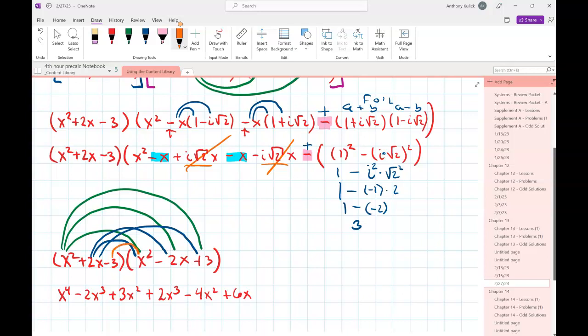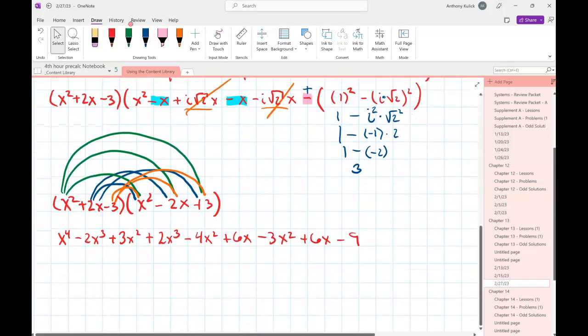Negative 3 times x squared is negative 3x squared. Negative 3 times negative 2x is 6x. And then negative 3 times 3 is negative 9. Okay?